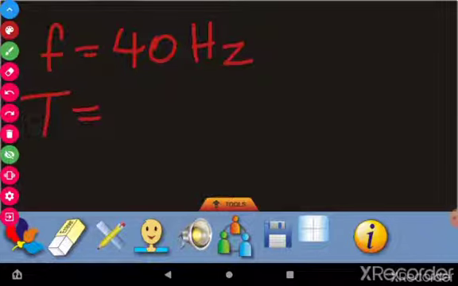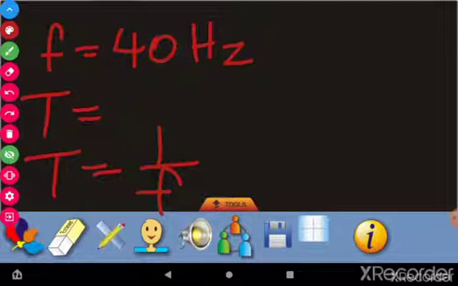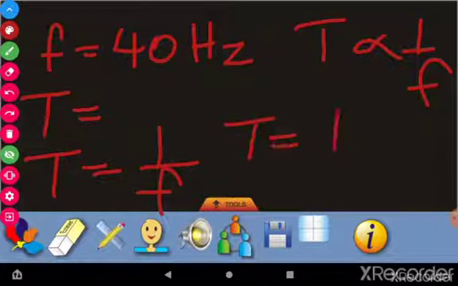If we recall, we know that time period is inversely proportional to frequency. So T is equal to 1 over F. That is, time period is inversely proportional to frequency. So let's quickly find what the time period is equal to, then move on to our other question.